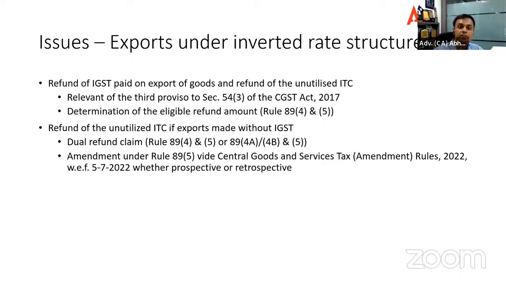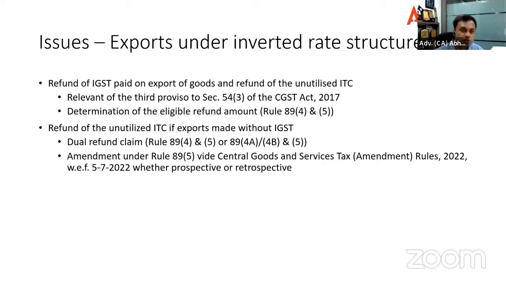Here again, the similar issue of what we discussed earlier is also applicable. In such a situation, if such an exporter has availed the benefit of advance license, or if such an exporter is an EOU unit, or if such an exporter has availed the benefit of having inward supplies at 0.1% as a merchant exporter as part of his business activity, then as we saw earlier, there is a right now issue between sub-rule 4A, 4B and 4.